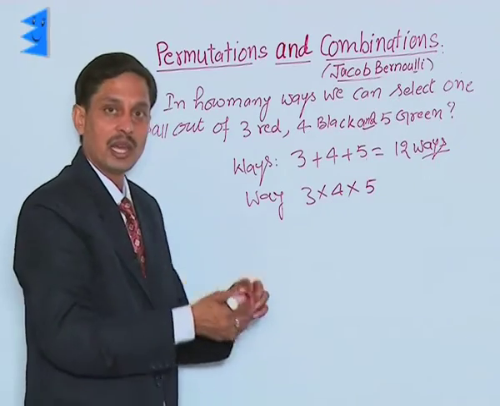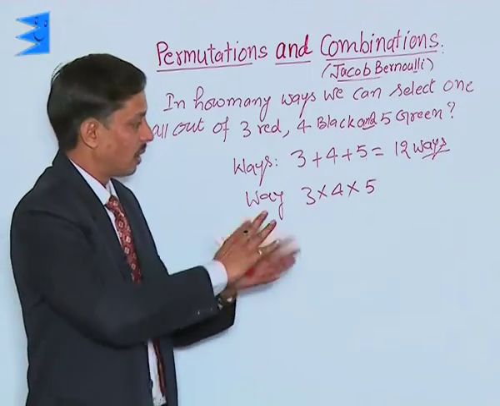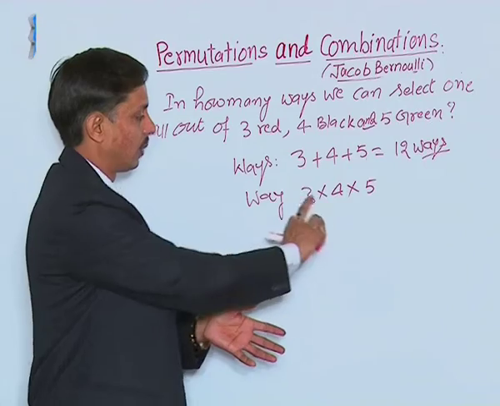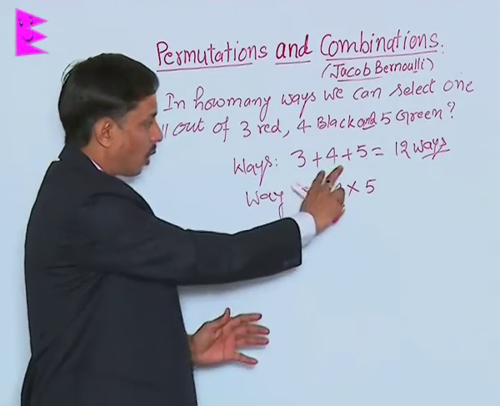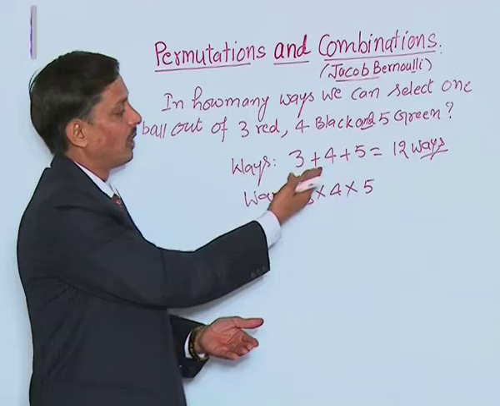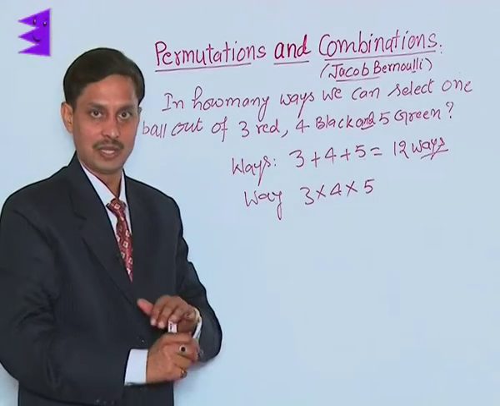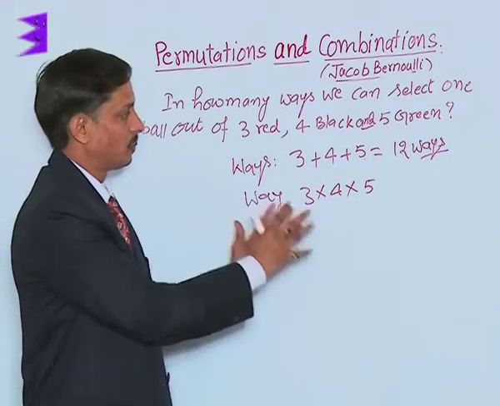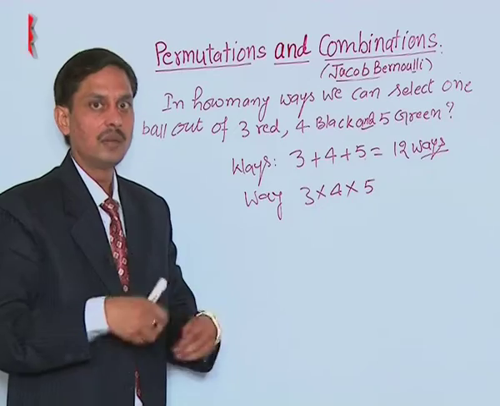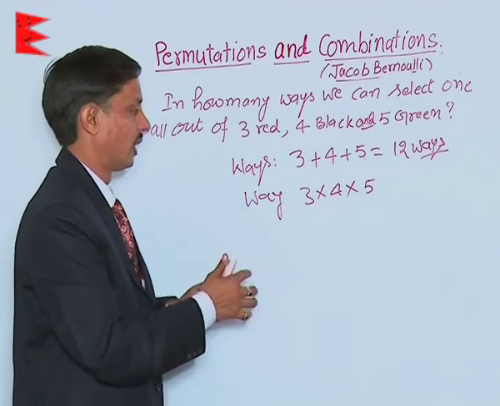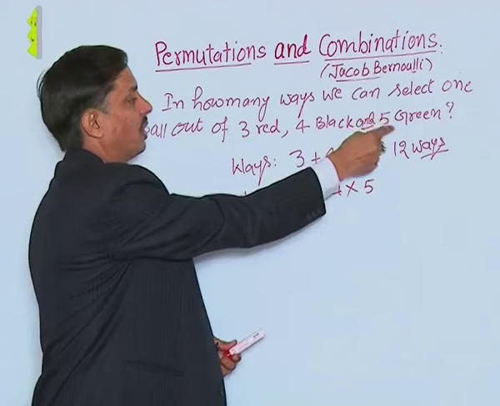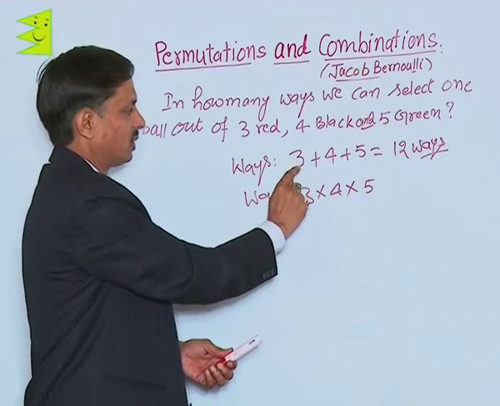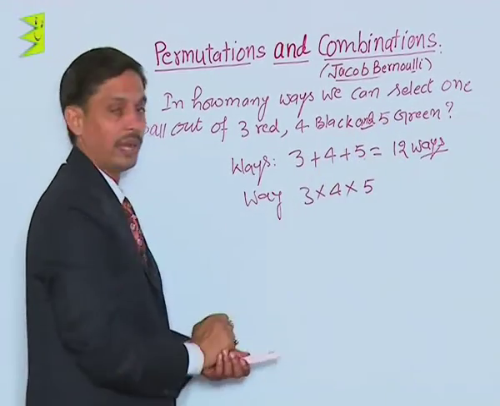Whenever the word 'and' is coming, we are using the principle of multiplication. If the word 'or', either-or, is coming, we are using the principle of addition. So there is no issue about which principle is applied. Read, think and identify. If one ball, either red or black or green, is required, it is 3 plus 4 plus 5, that is 12 ways.